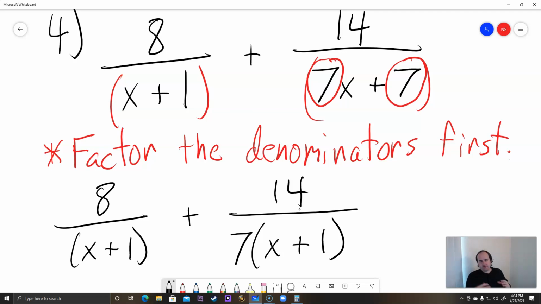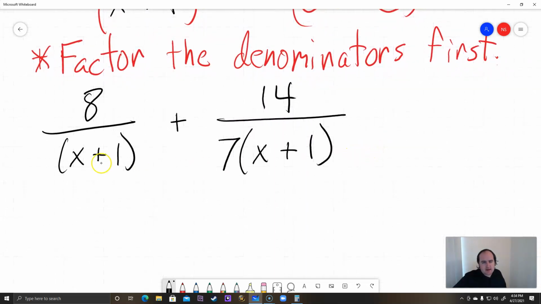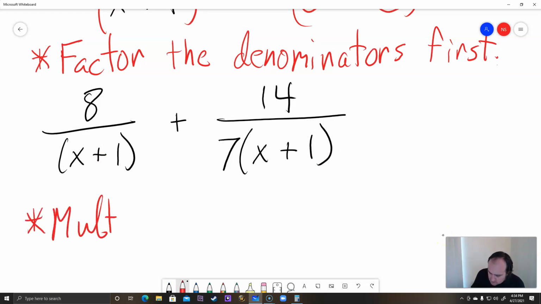All I did there was I factored the bottom right corner, and I factored out the GCF, which was 7. Okay, so now we've factored the denominators, so now we can multiply by what is missing.